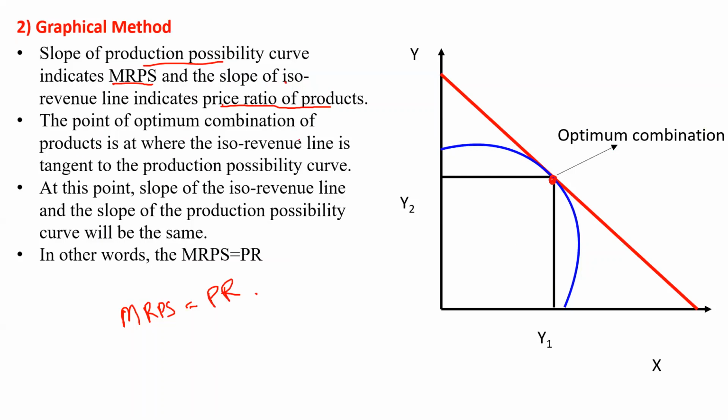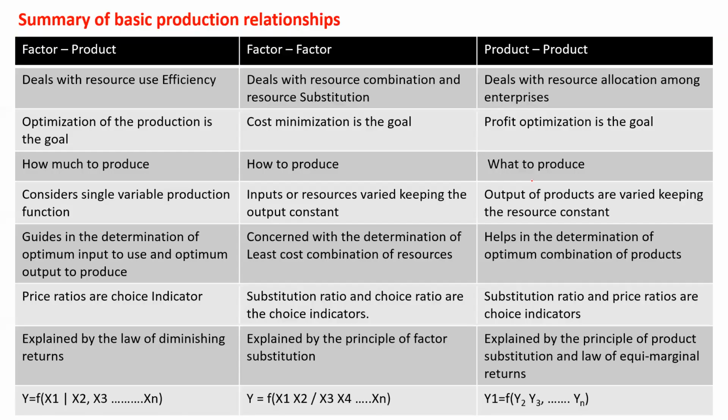The point of optimum combination of products is where the ISO revenue line is tangent to the production possibility curve. At this point, the slope of ISO revenue line and slope of production possibility curve will be the same. That is, MRPS is equal to price ratio. So this is the optimum combination. The point of tangency indicates the optimum combination of two products.